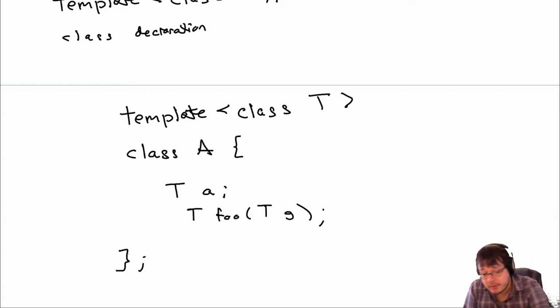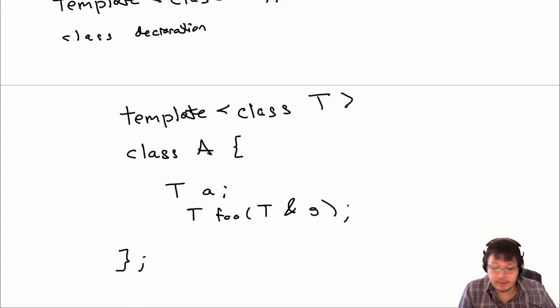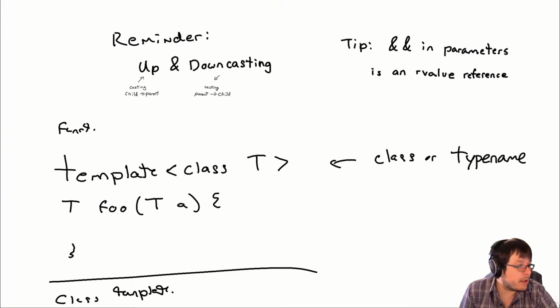And you can pass by reference, by the way. You don't always have to pass by value with templates. I've been doing that so far. In fact, I actually wanted to share with you something kind of cool, which is what I have up here, a little double ampersand.